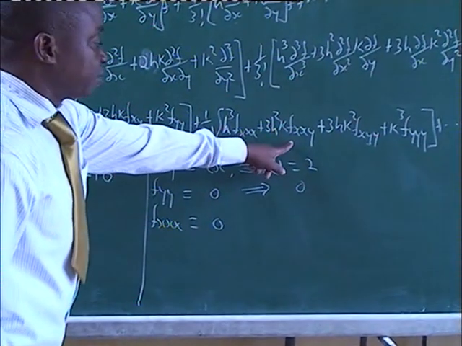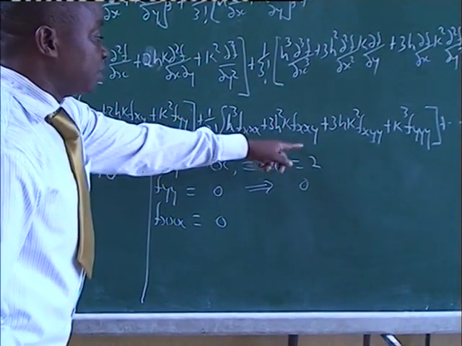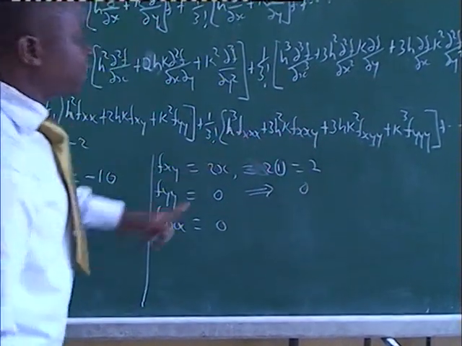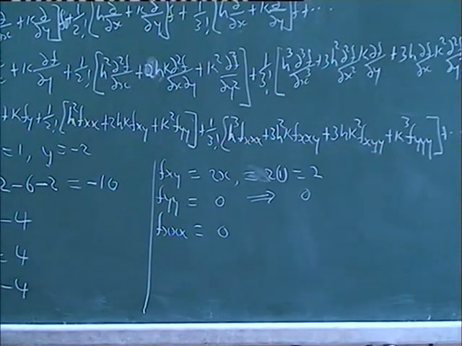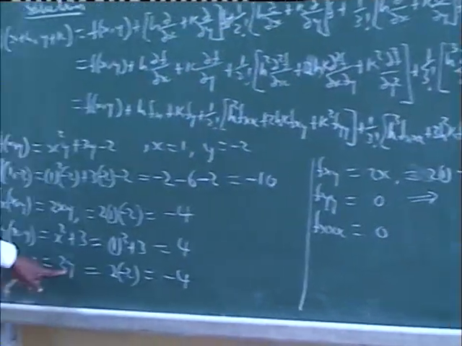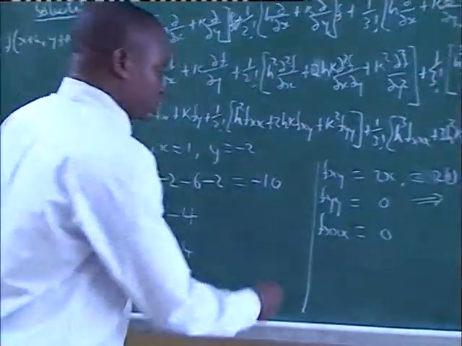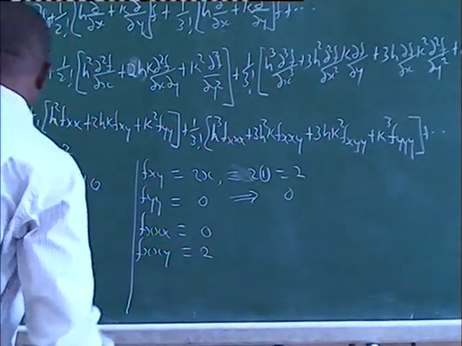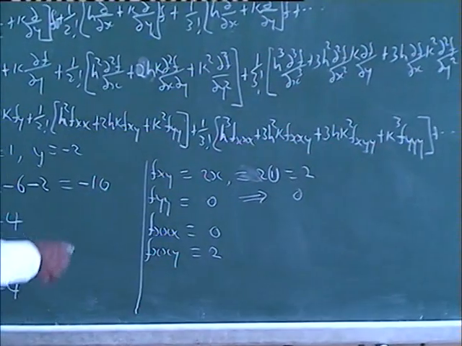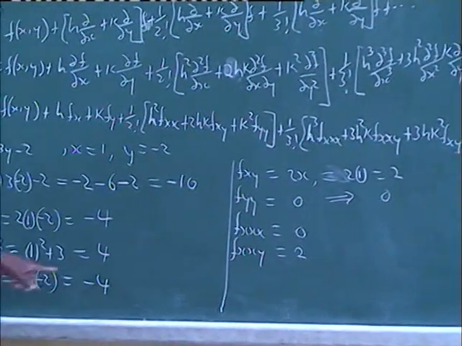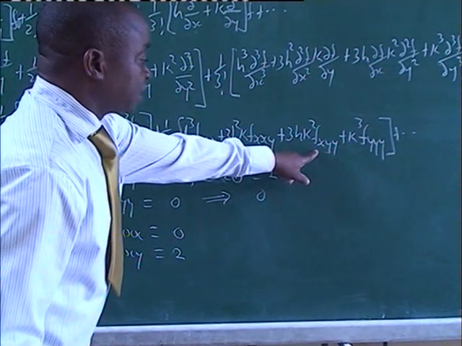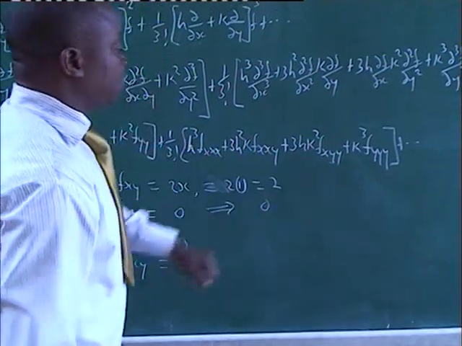Now I go again to the second partial derivative of f with respect to x, and then I differentiate with respect to y. So that was this. If you differentiate with respect to y, you have 2. So at the point x and y, it is 2. Then we go again to this one. Go to the cross partial and differentiate it with respect to y.